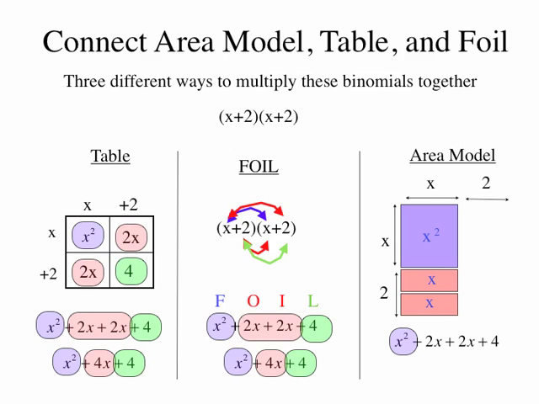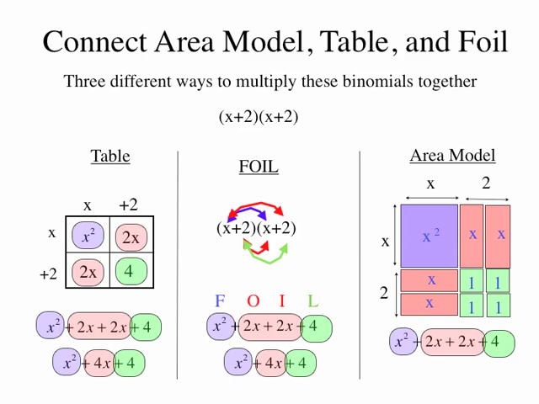That's 2 x's. The next is 2 units wide and x units tall. That's another 2 x's. And the last is a 2 by 2 square that is an area of 4. So you can see the connection between the area model, FOIL, and the table.